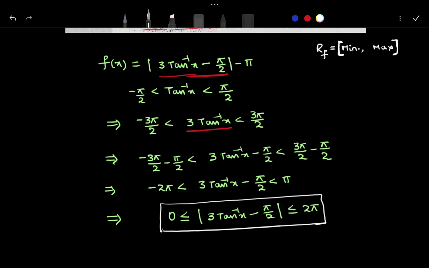Now, by observing f of x, additionally you have minus pi there.